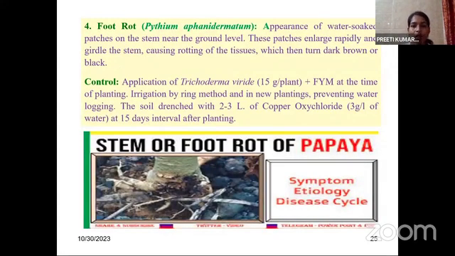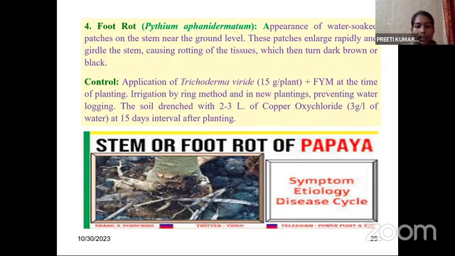And there is foot rot, as seen in the picture. The stem is totally black and rotten. Water-soaked patches appear on the stem near ground level. These patches enlarge rapidly and girdle the stem, causing rotting of the tissues, which then turn dark black.